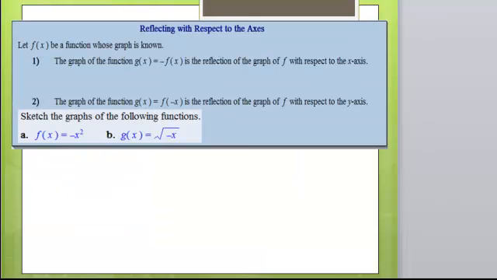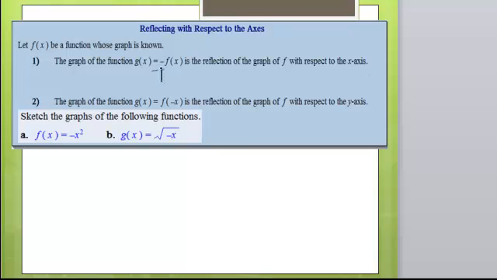Now what about reflecting? For this one, the graph of the function g of x equals negative f of x is the reflection of the graph of f with respect to the x-axis. What in the world does that mean? This is all it means.